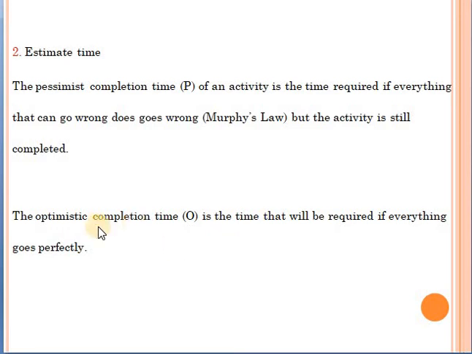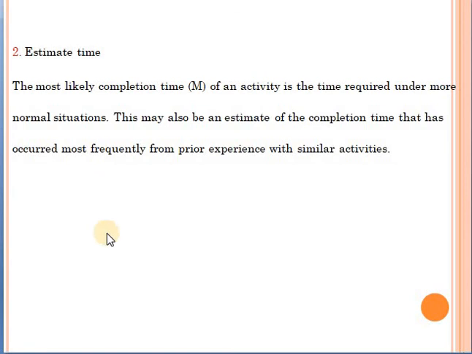So this is the optimistic completion time. Now we still have the most likely completion time, which is the time required under the normal situation. So it is the most frequent time occurring from previous experience with similar activities.